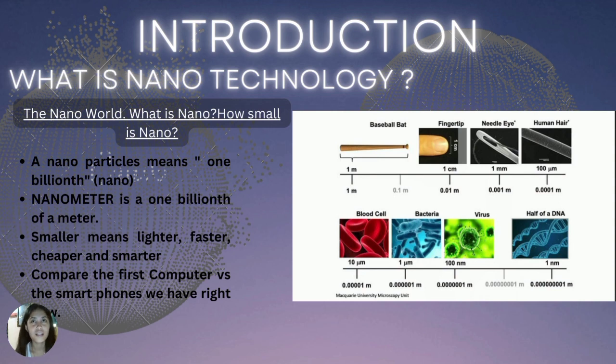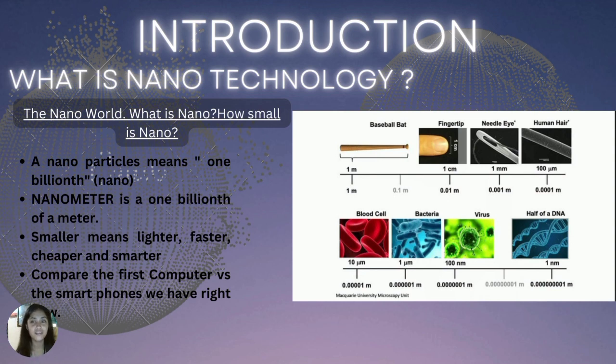Imagine that these computers can occupy the whole room. As humans who have that large computer, we cannot carry it in our day-to-day go, right? Comparing to the computer that we have right now, it is so easy.